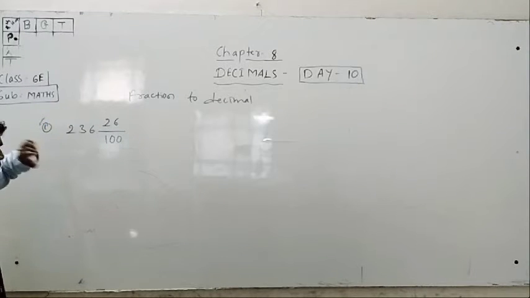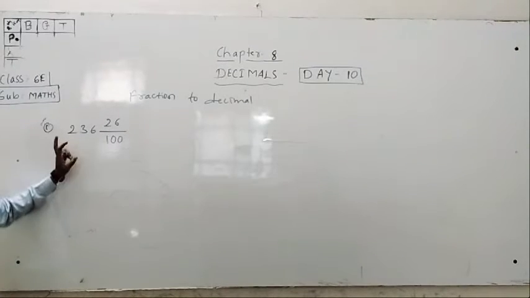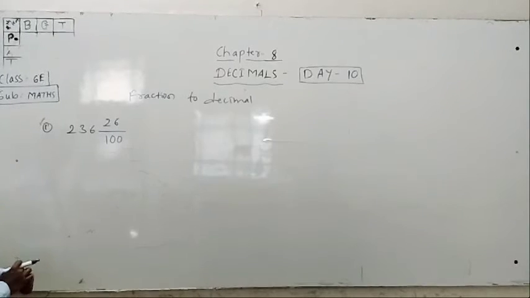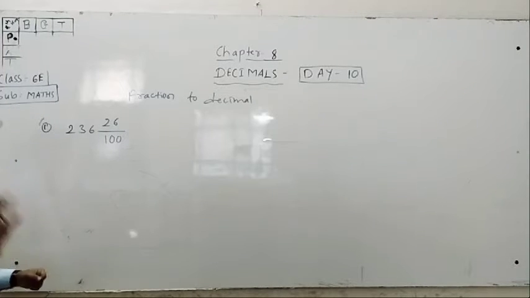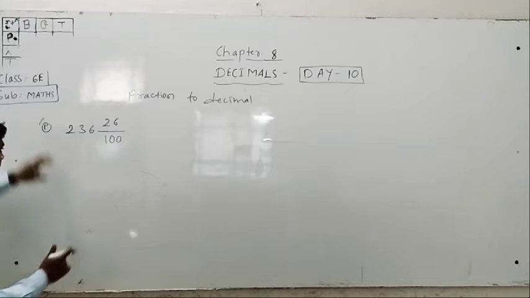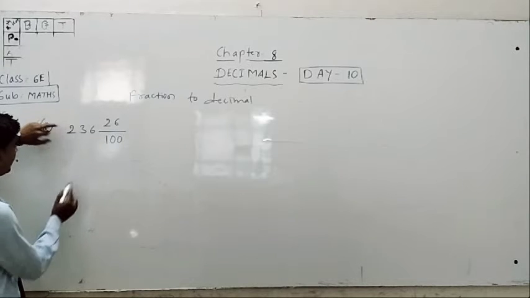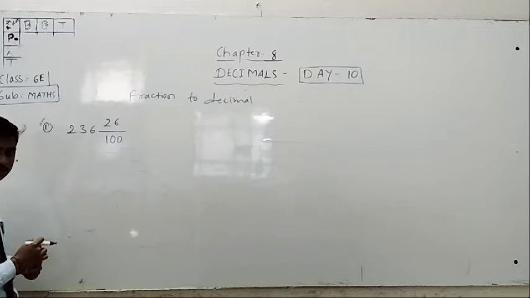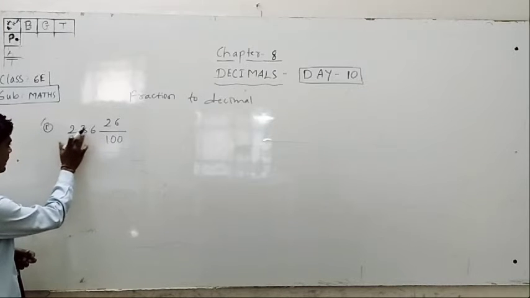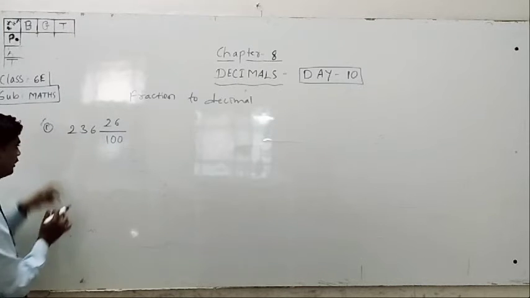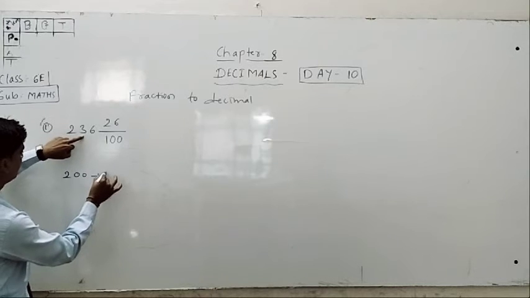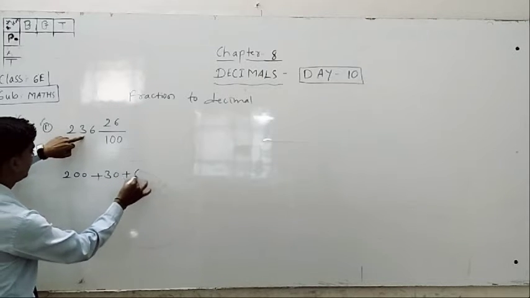They are given this type because they are given in expanded form. For example, to have which place, because you need tens, 100. Is it right? Then 200 plus 30 plus 6.